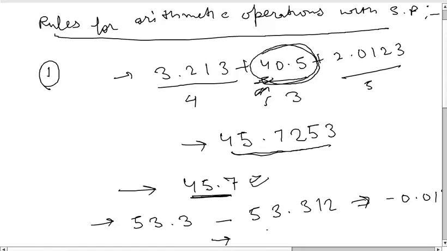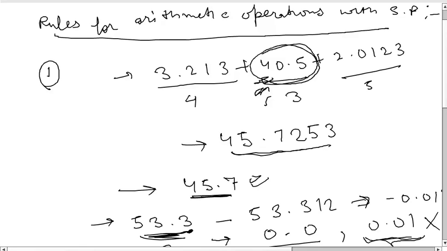See, the answer should be 0.0, not 0.01. Why? Because you are taking the logic that it should have the least significant digits of whatever is given in the terms. So this term has the least significant figures, which is 3, so the answer should also have 3 significant digits. That is true, but we can see that after the decimal we have precision only up to one digit. So though we may need to represent 3 significant digits, we cannot, because this term has only one digit of precision after the decimal point.